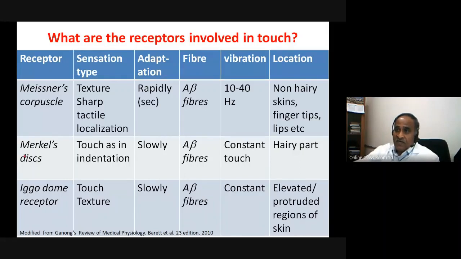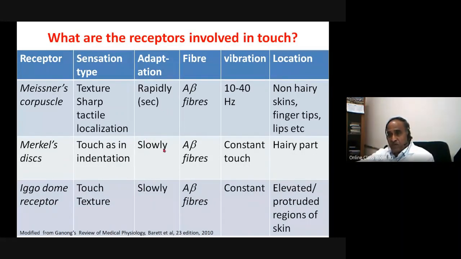So then we have the Merkel discs. These Merkel discs detect the edge of an indentation. Say, for example, if something is pressing down, that particular depression, they will detect. And these receptors are slowly adapting.